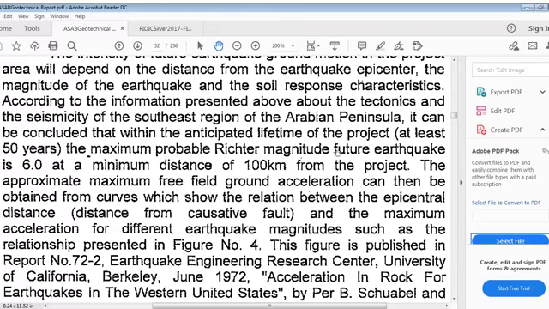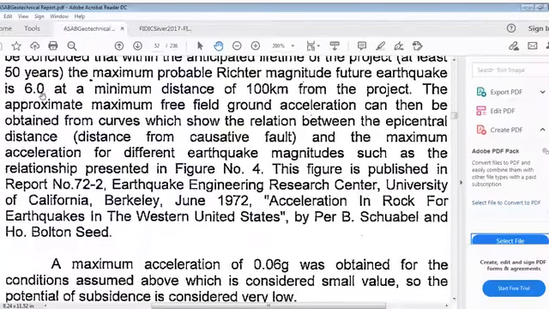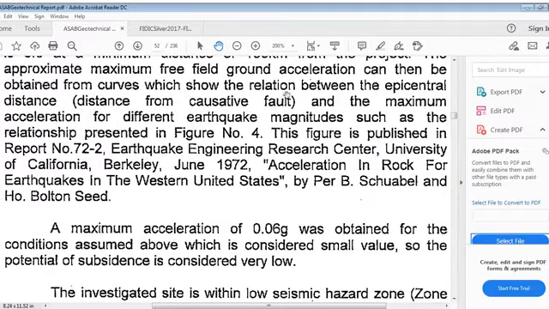The maximum probable Richter magnitude of a future earthquake is 6 at a minimum distance of 100 kilometers from the project. The approximate maximum free field ground acceleration can then be obtained from curves which show the relation between epicentral distance from the causative fault and maximum acceleration for different earthquake magnitudes, such as the relationship presented in Figure 4.